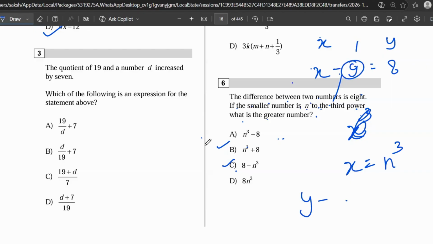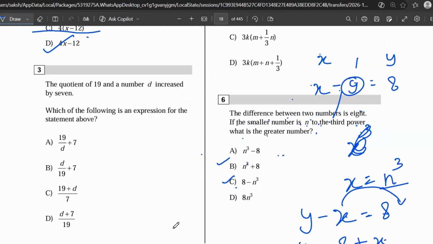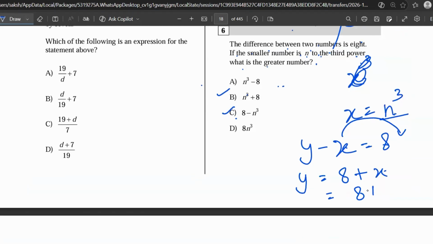So y minus x is equal to 8, and the value of x is n cube. What is the value of y? Sending it to the other side, y is 8 plus x, that is 8 plus n cube. That will be your B. The greater number is n cube plus 8.